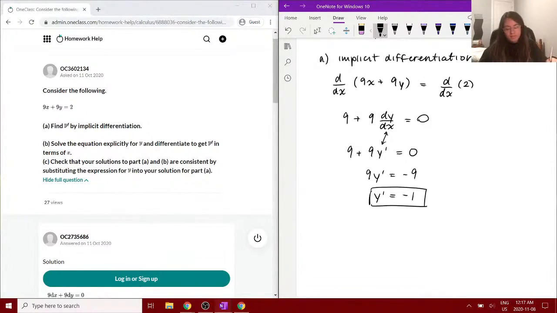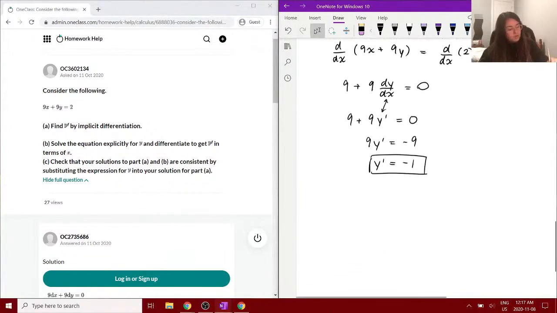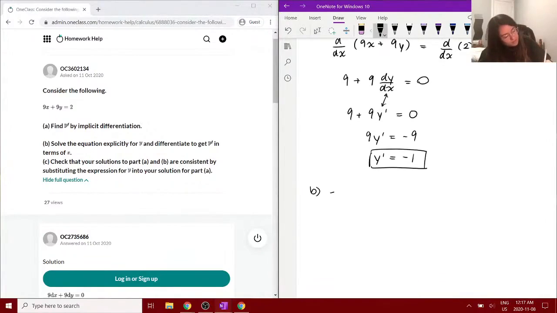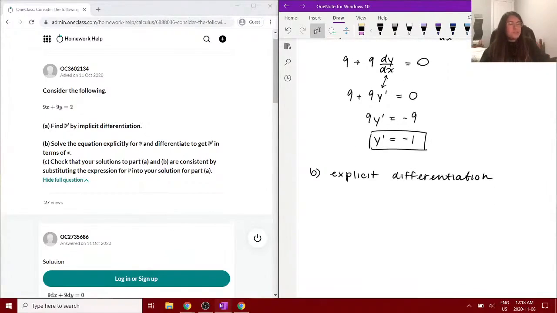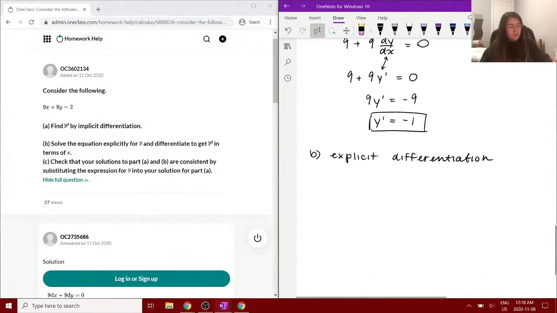So going to B, it's asking to solve it explicitly now. We need to perform explicit differentiation. And really the only difference is that we are going to rearrange first. This is probably the way you normally perform differentiation if you have a linear equation.